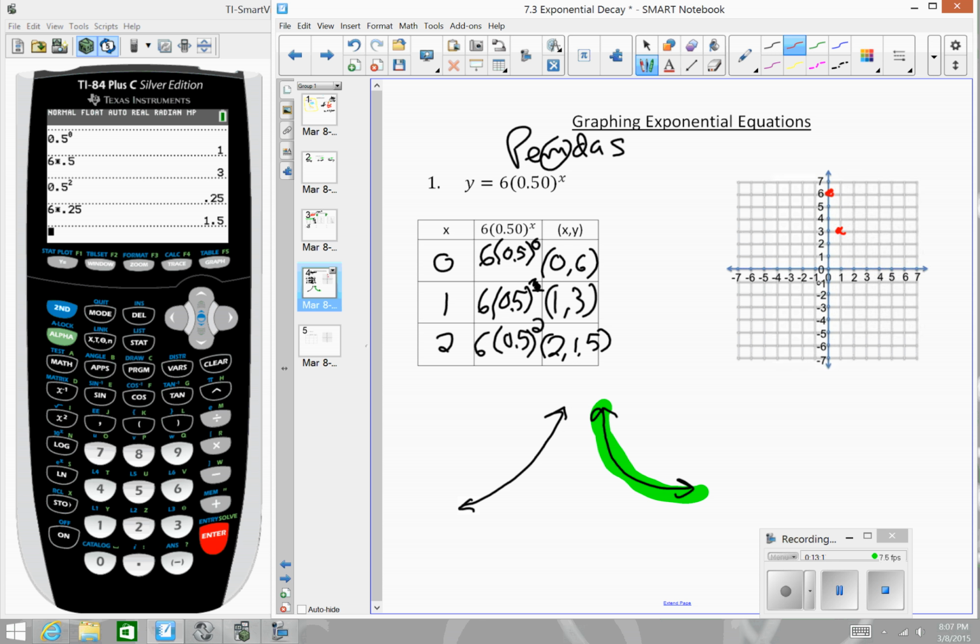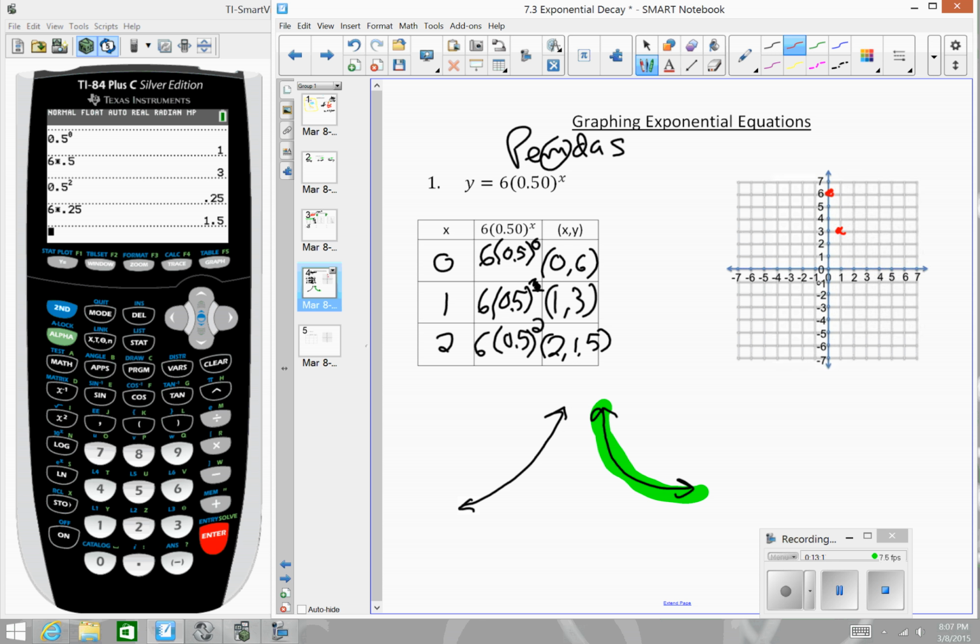Now what's important is that this is going to curve, but remember, these are never going to cross the x-axis. So from left to right, we're going to draw our Nike swoosh, decreasing, there we go, from left to right, and it's going to look something like that. Okay, so that's our exponential model graph.